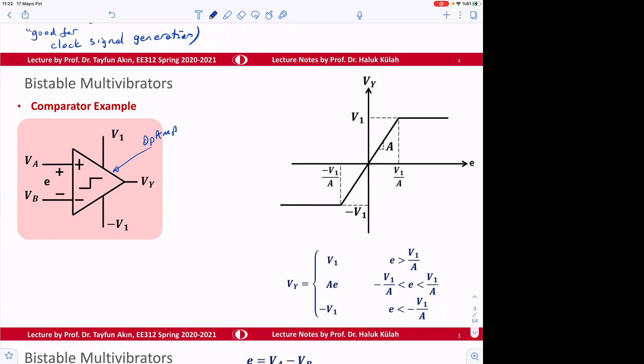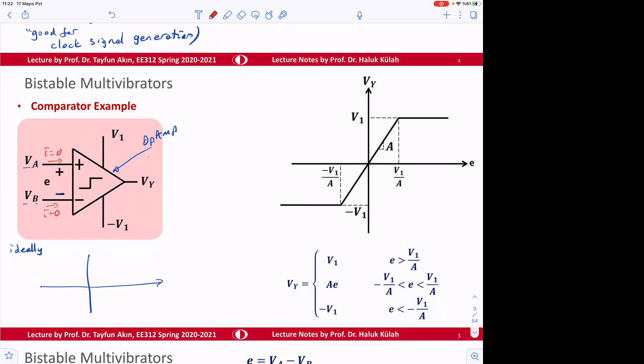So if you have an op-amp, ideally the response of the op-amp is going to be like this. Here we call the A input and B input. So this is a negative input and positive input. So ideally we have currents as 0. It's an ideal op-amp.